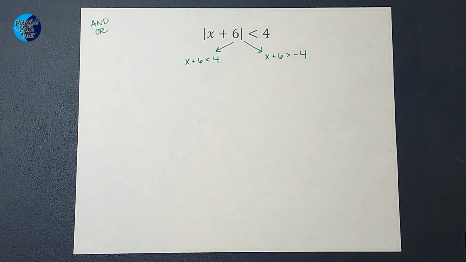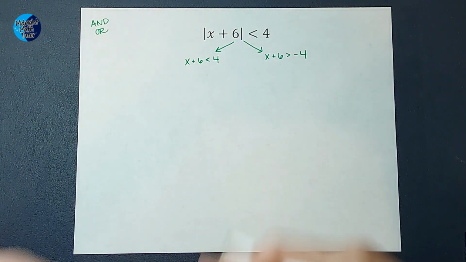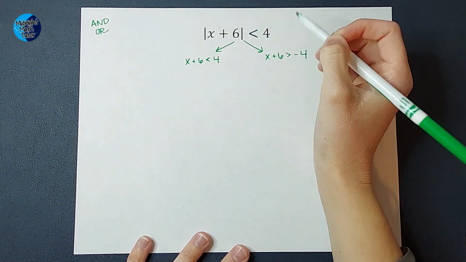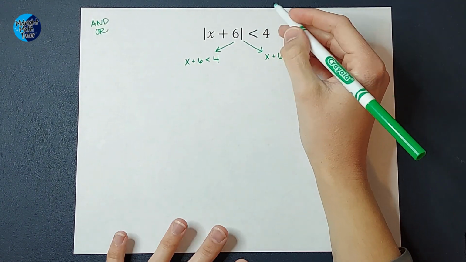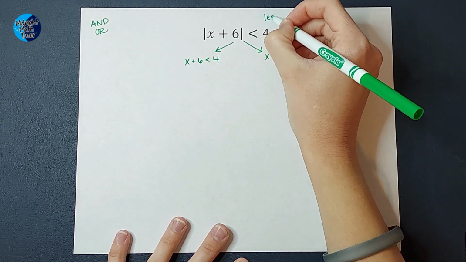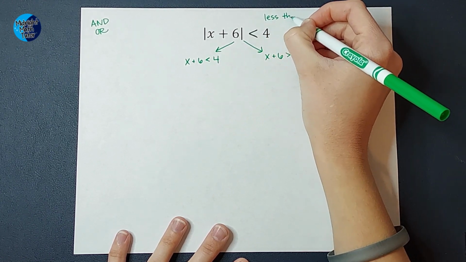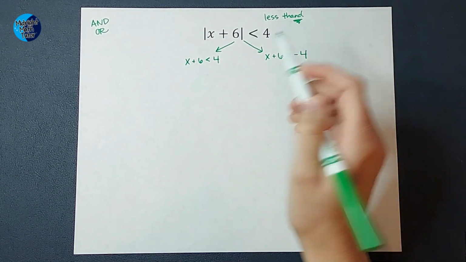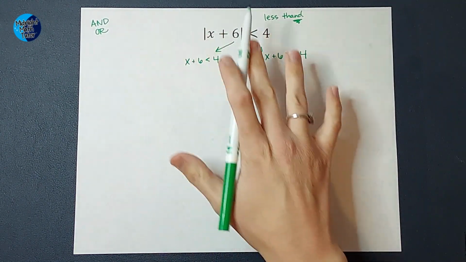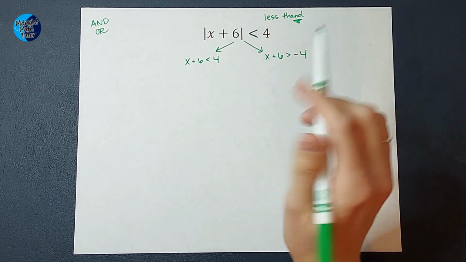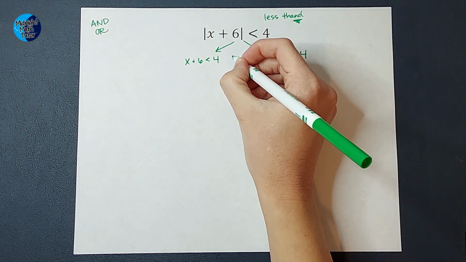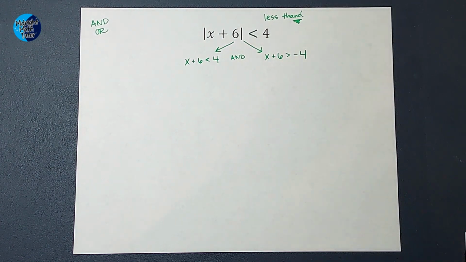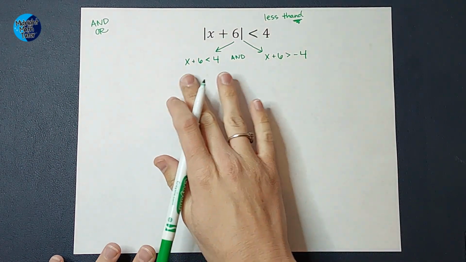And that video I linked earlier will explain why, but one way I can tell is to look at my sign, okay? So this is a less than sign, which can kind of sound like less than, right? So when we have the absolute value on the left side, less than, it is going to be an and inequality, okay?